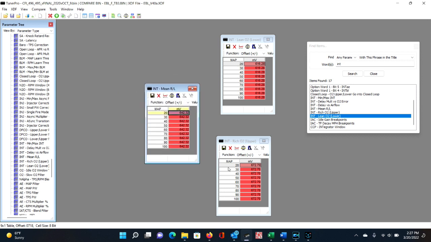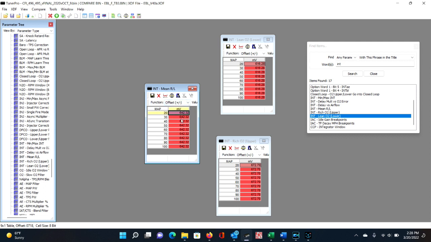But for argument's sake, we'll just say that lower numbers, a more rich car, right? Lower AFR would be consistent with higher millivolt readings. A leaner car is going to have lower millivolt readings, and so that's why you see the lean as lower, right? This table is sitting up here, and I've got the rich upper down here. It's kind of opposite of what you would think of things, but for discussion's sake, just trust me on this.